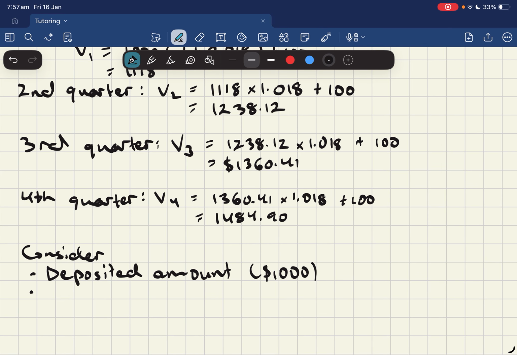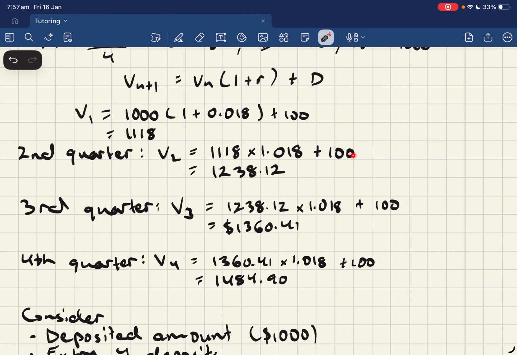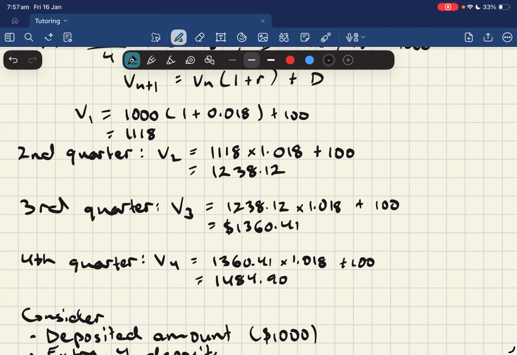We also have to consider the extra deposits. The extra 4 deposits, we had 4 of them, which were $100 each. Look, I've even got them here. 1, 2, 3, 4. They're extra deposits. They don't get counted as interest.